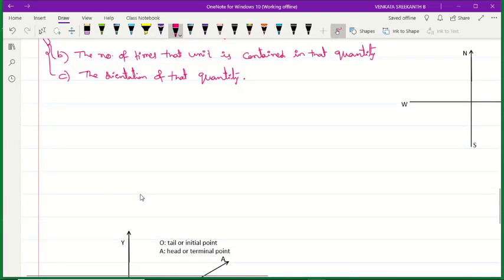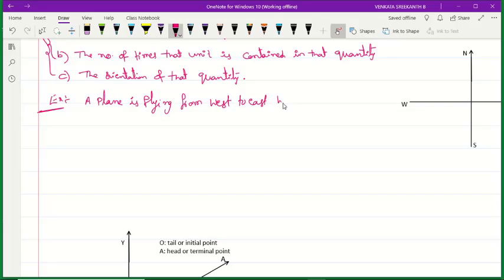For example, a plane is flying from west to east with a velocity of 50 meters per second.